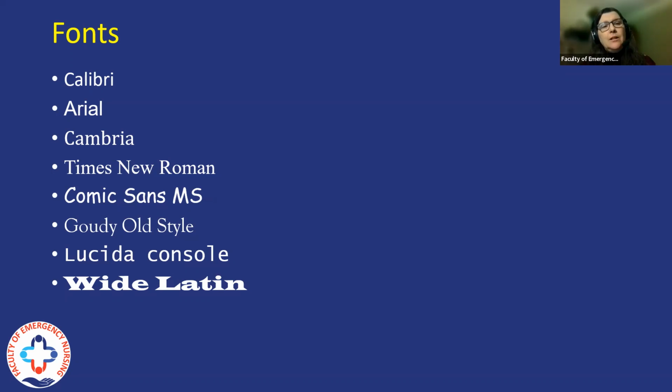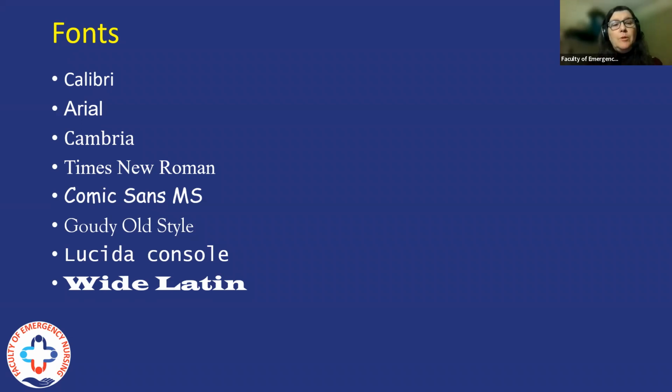You'll find Arial is used a lot in the NHS. Often you're required to write letters in Arial 11 point with headings of Arial 13 point. And so it's got to be Arial, not Arial Narrow or anything else. Some places like Cambria, not all, but it can be an acceptable font.